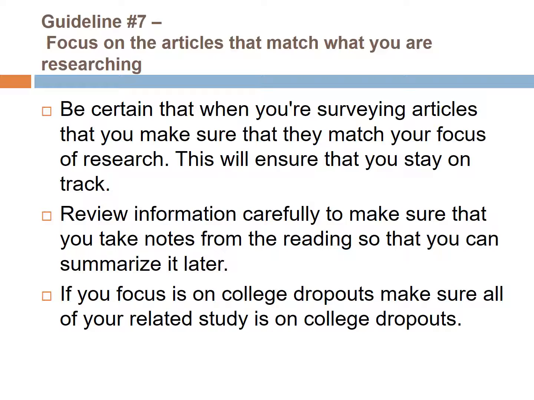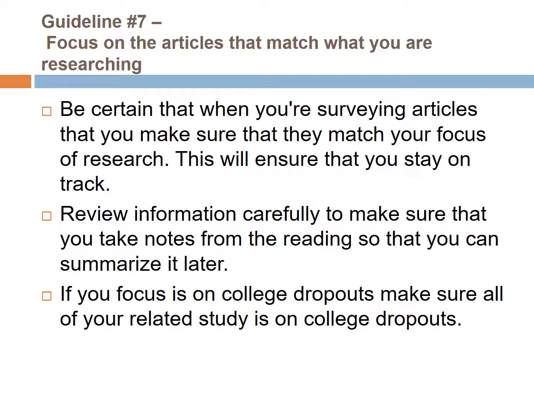You want to make sure that they are focused on what you are researching. So you want to be certain that when you're surveying the articles, that you make sure that they match your focus of research. This will definitely ensure that you stay on track with what you're doing.